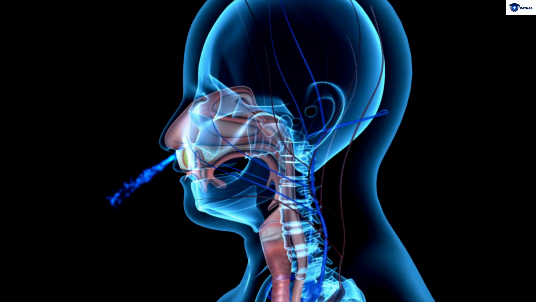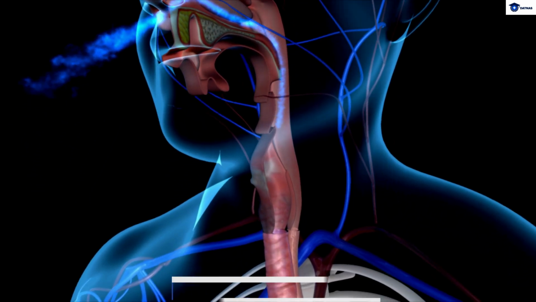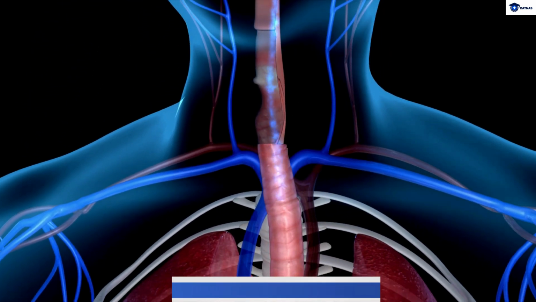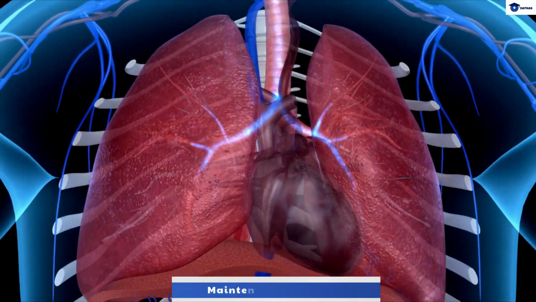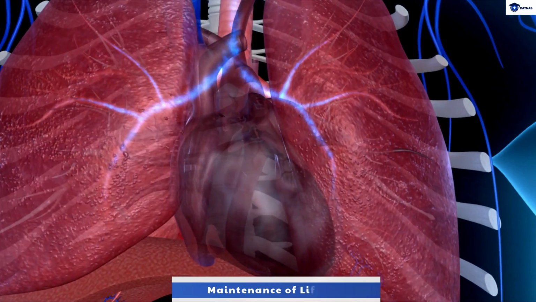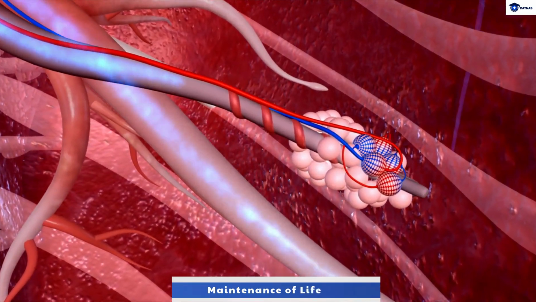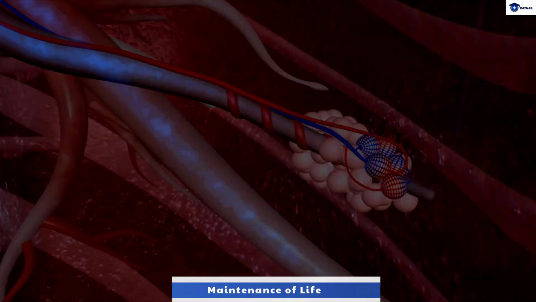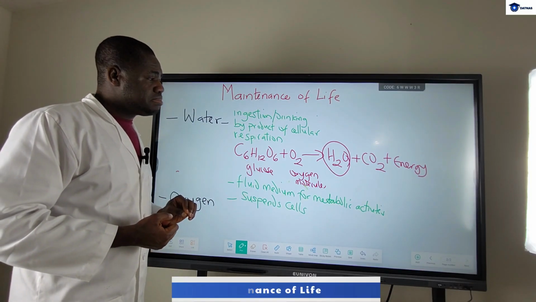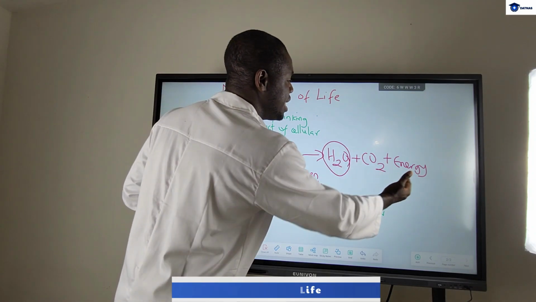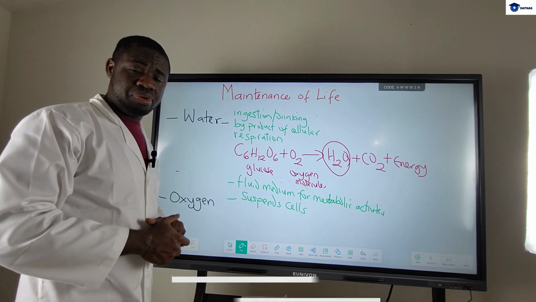When the oxygen moves from the atmosphere into our lungs, by diffusion, it is taken into the cells. When the cells receive oxygen, the cells make use of the oxygen to provide energy for metabolic processes in the body.